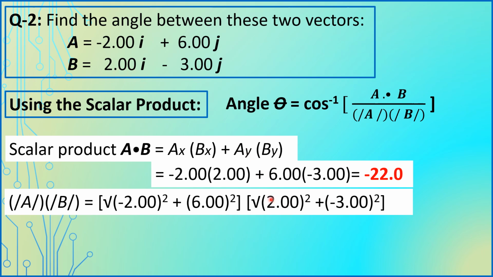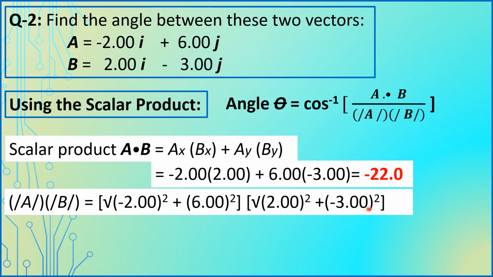So after getting the square of these two numbers, we add them, and then later we'll get their square root. So this is shown in the next step.